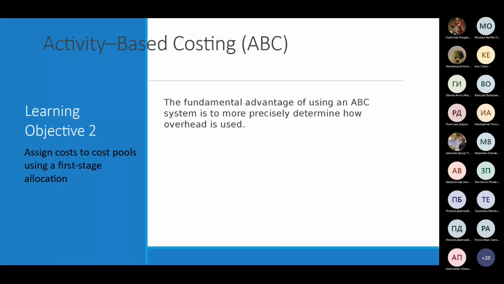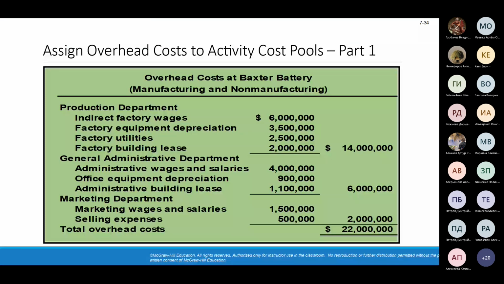And the fundamental advantage of using an ABC system is to more precisely determine how overhead is used. It is really effective if our overhead is big enough to make sufficient changes in your cost.